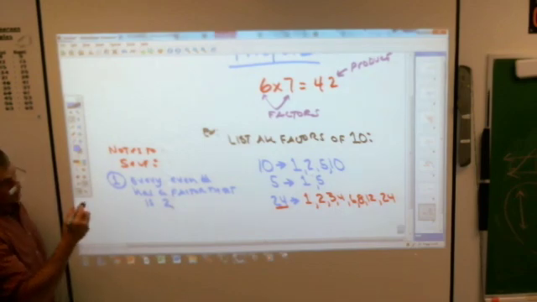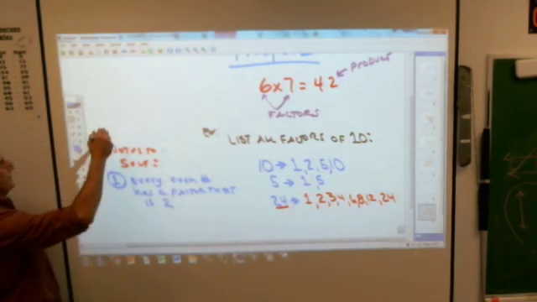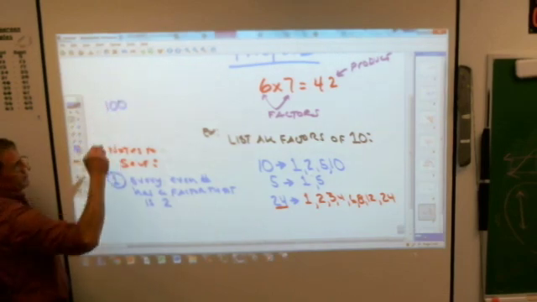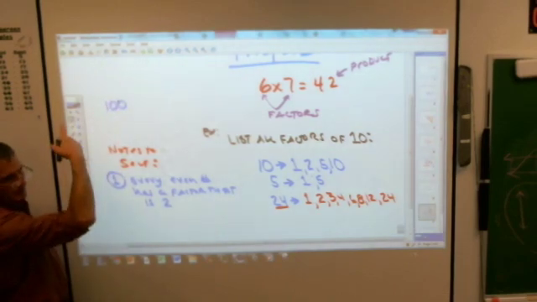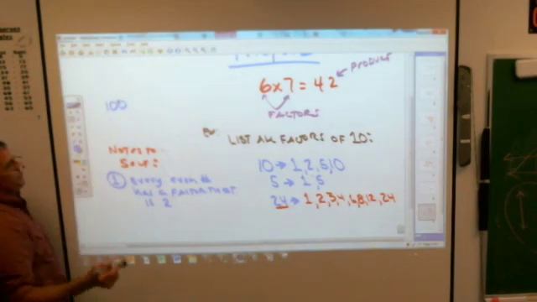Every even number has 2 as a factor. Maybe I should have written it that way. You know, if I asked you to factor 100, you know because it's even that 2 times something is going to give me 100, which would be 2 times 50.